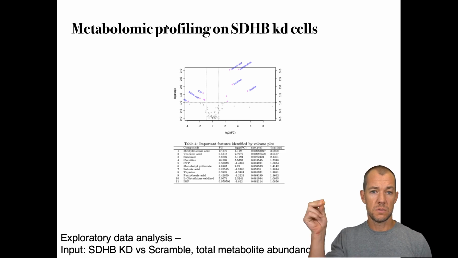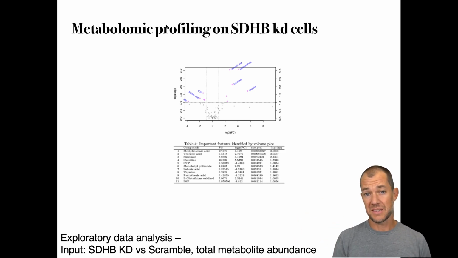If we look at the metabolites that are lower in the absence of SDH, we can see CTP, sucralfate acid, and IMP. So IMP and CTP are known intermediates in nucleotide biosynthesis. And so this was encouraging and suggested that there could be something there. So we looked a little bit further.